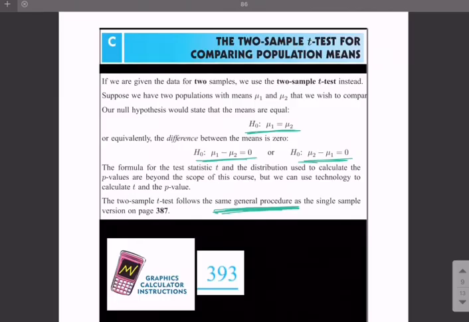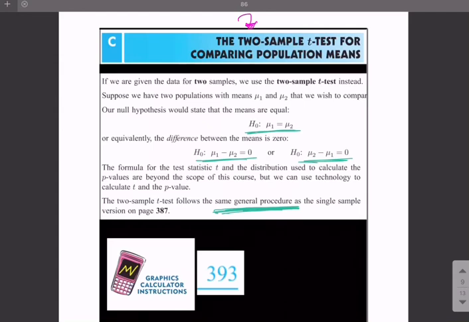Now the next thing I want you to do is definitely read section C, which is going to be the 2 sample t-test. Not very difficult. We're just going to have 2 different samples with 2 different sample means and 2 different sample standard deviations and 2 different sample sizes, and we're going to see what happens from one to the second.